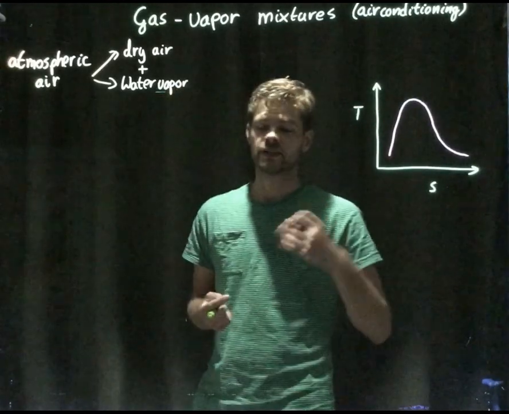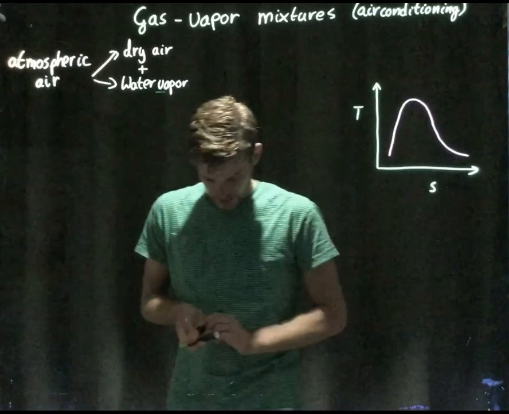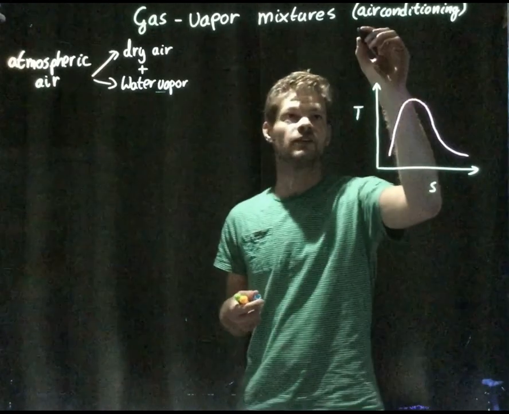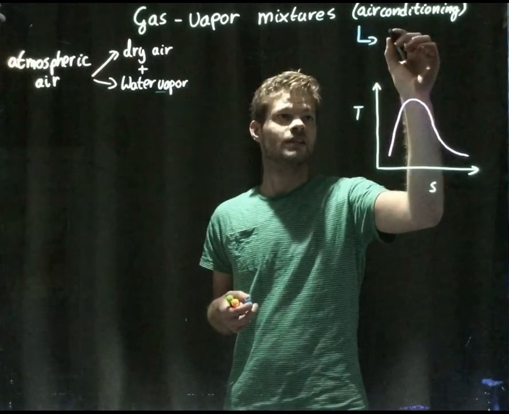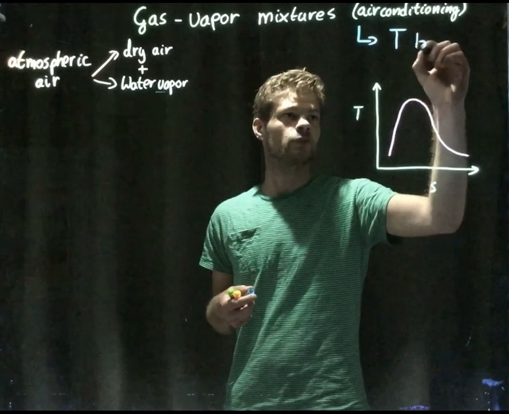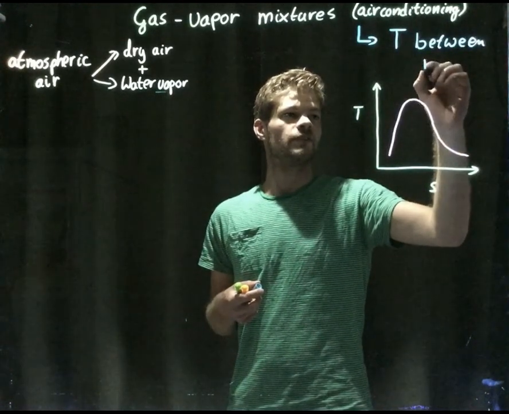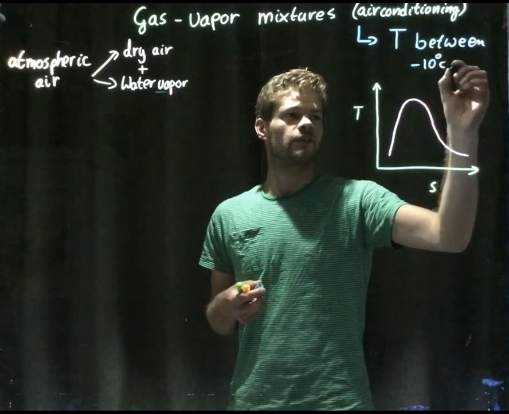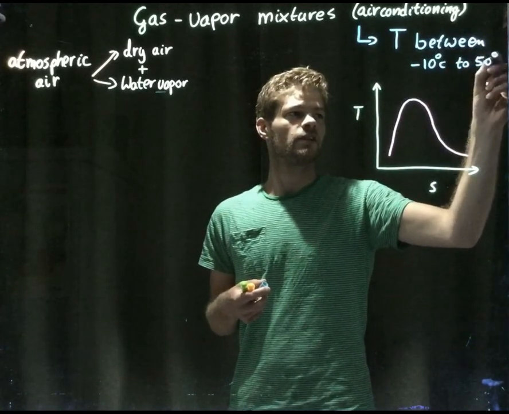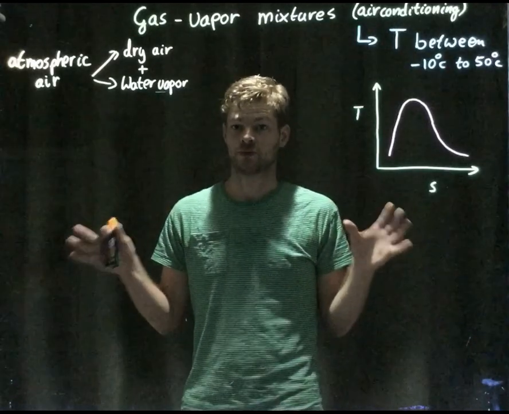For now, under conditions that are usually considered for air conditioning applications, these are usually temperatures between minus 10 degrees Celsius to 50 degrees Celsius, and of course the pressure is assumed to be atmospheric.